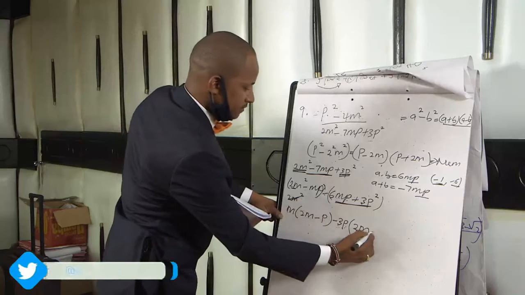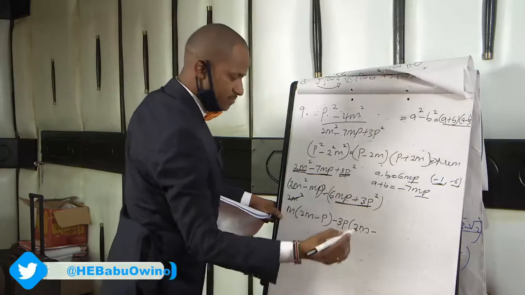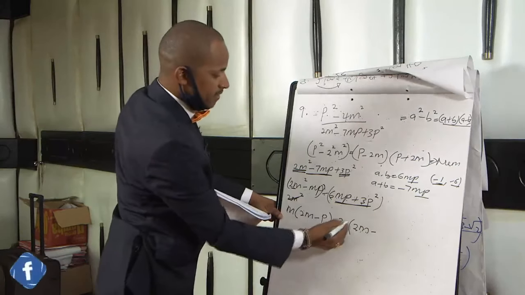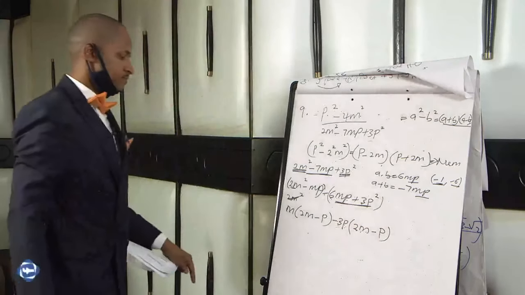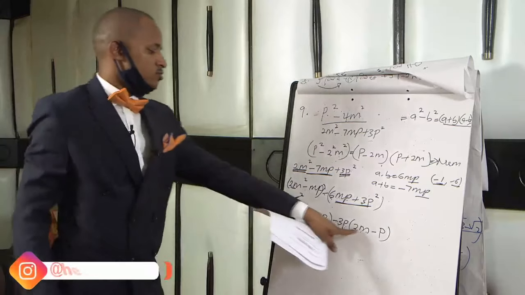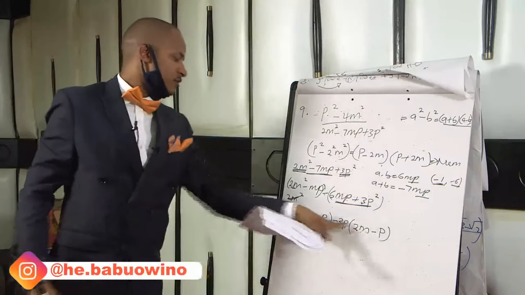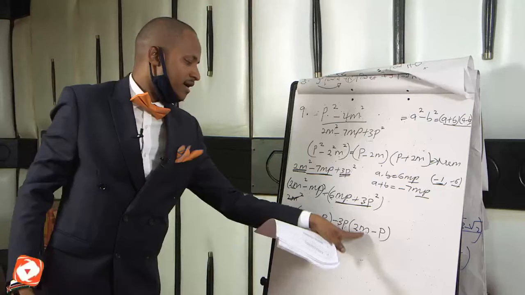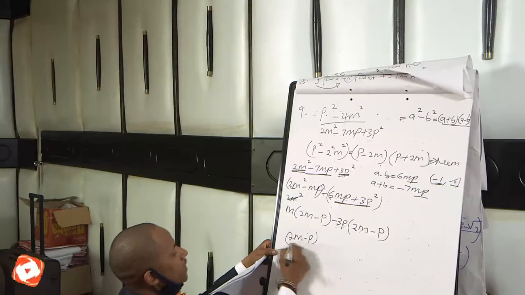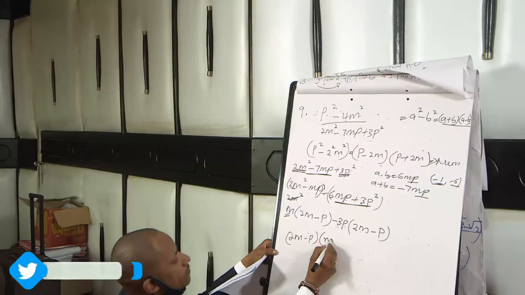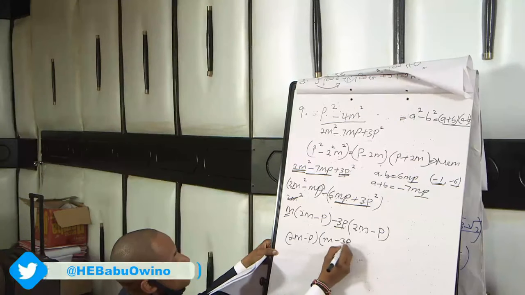Minus times plus, I said, is minus. 3p goes into 3p squared how many times? P times. Therefore, as you can see in our brackets, we have 2m minus p, again 2m minus p. So you just collect them together, 2m minus p, into, take this m, then take this minus 3p.